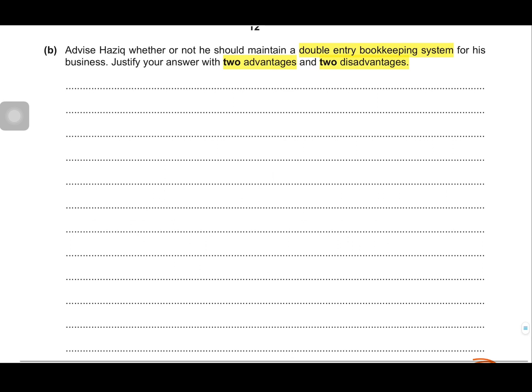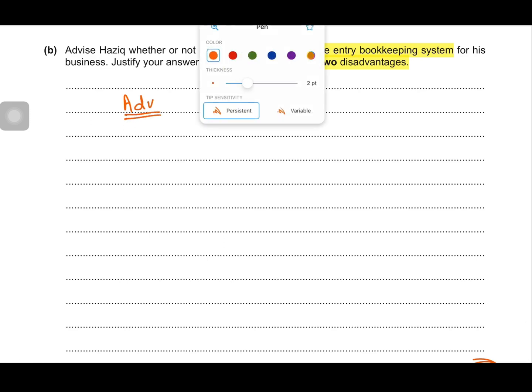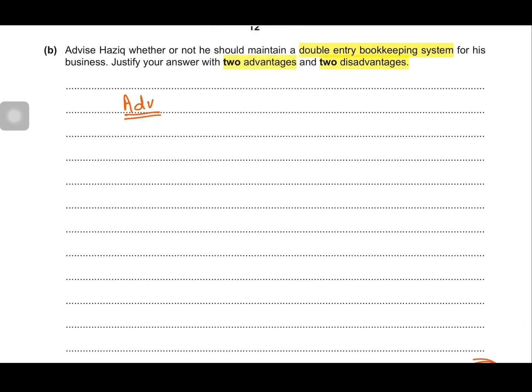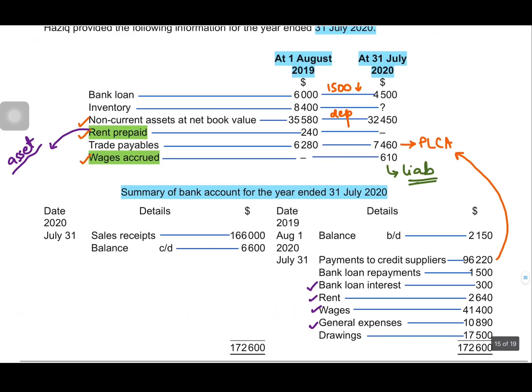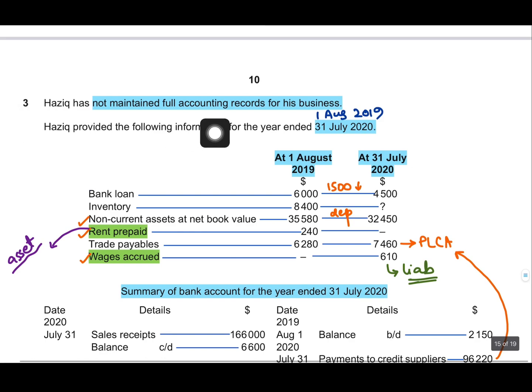Now what could be the advantages of maintaining double entry system bookkeeping? Of course, since you remember that his business was that he could not maintain double entry or full accounting records.